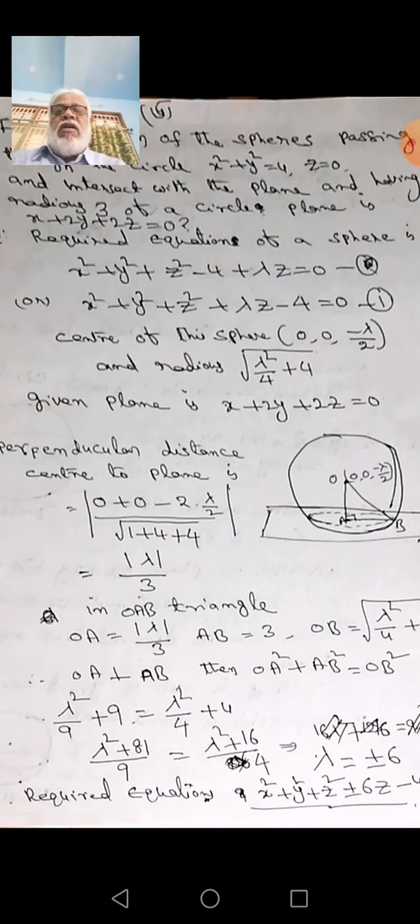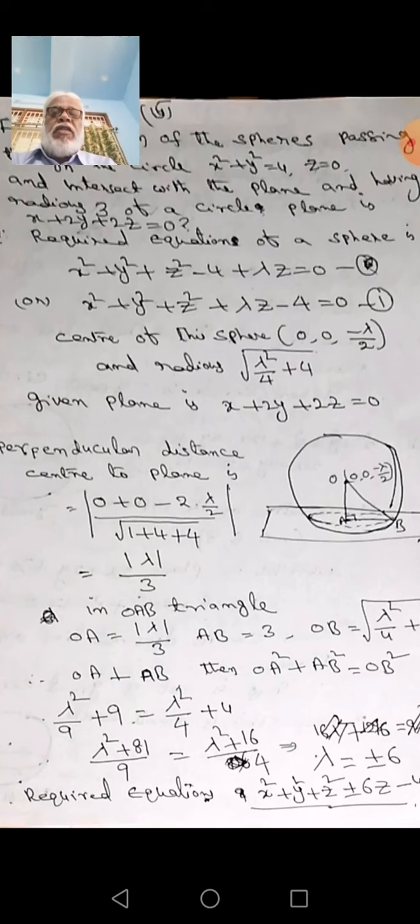And the radius is, lambda square by 4 plus 4, that is u square plus v square plus w square minus d. By our formula we can find the radius of the sphere also. The given plane is x plus 2y plus 2z is equal to 0, and the center is 0 comma 0 comma minus lambda by 2.